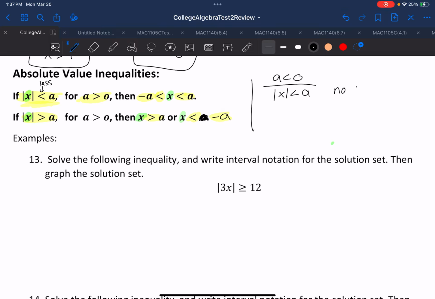So this would be no solution. But if a was negative and the absolute value is greater than a, this would be all real numbers, because all of them would be positive, which would mean that no matter what I plug in for x, that would be greater than a negative number. So this is when a is less than 0, negative.